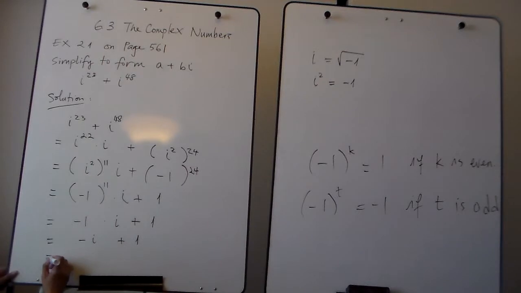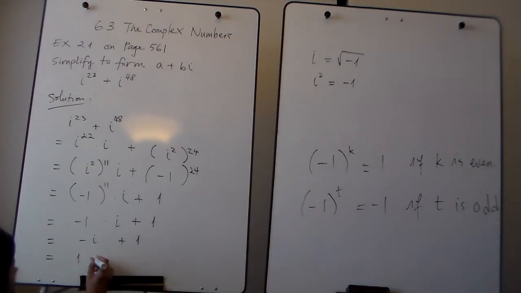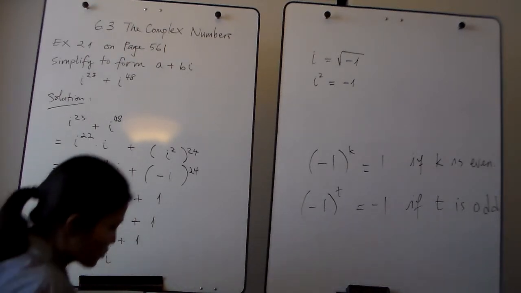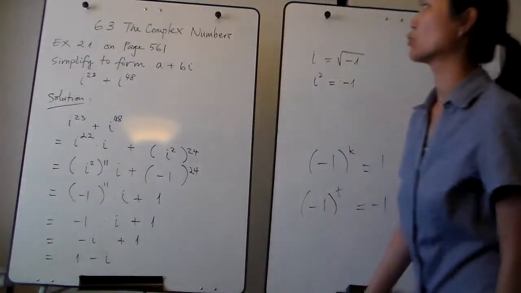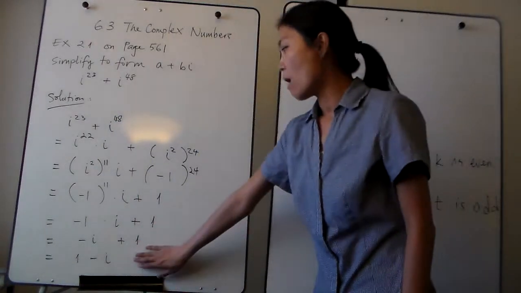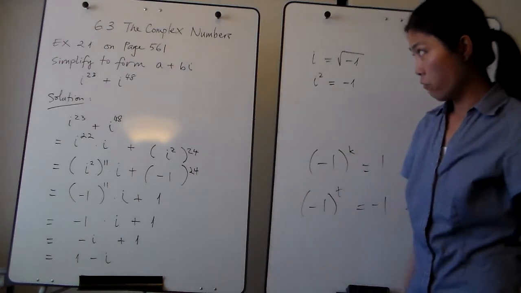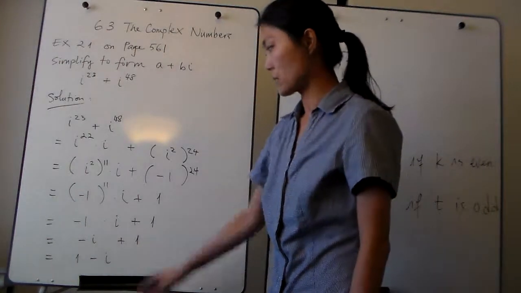We have 1 minus i. Basically, I'm just switching these two terms: 1 goes here, -i goes here. So the answer for example 21 is 1 minus i. And you see, we get the answer in this form, so the answer is a complex number.